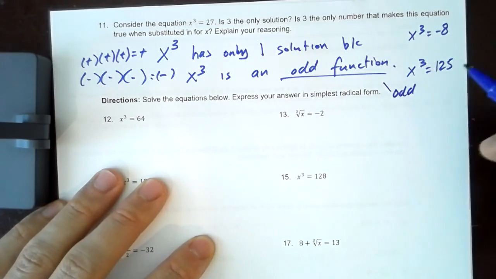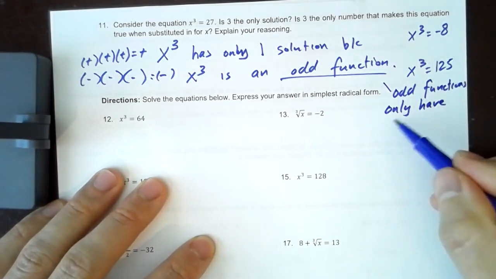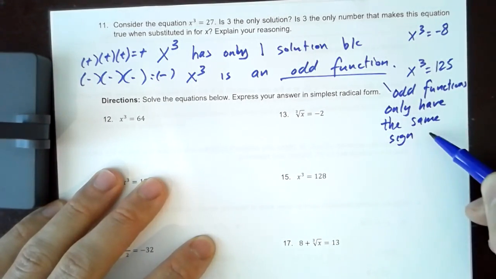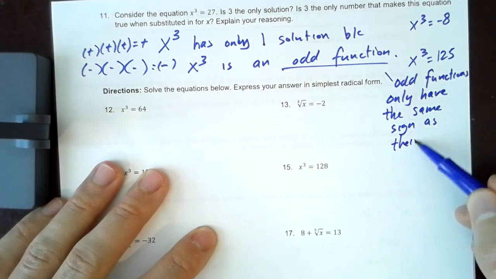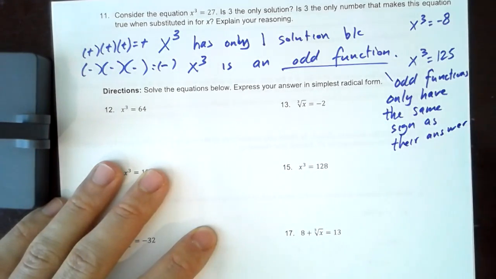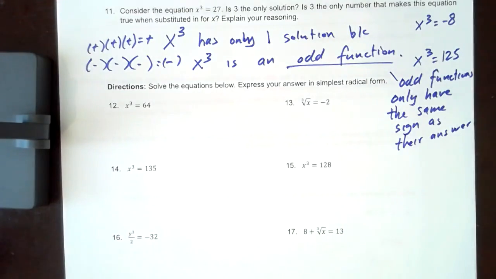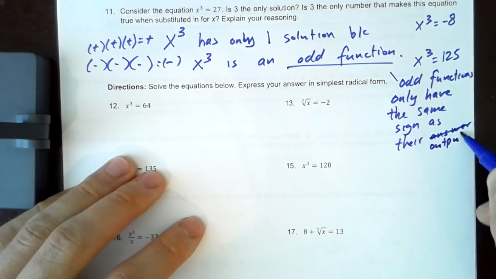Odd functions only have the same sign as their output, right? If it's a negative output, that means your x value has to be negative. If it's a positive output, that means your x value has to be positive. Odd functions only have the same sign as their output. I should probably say output instead of answer.